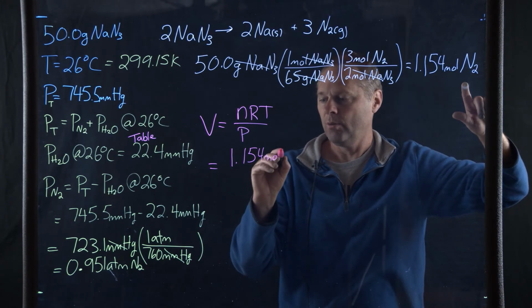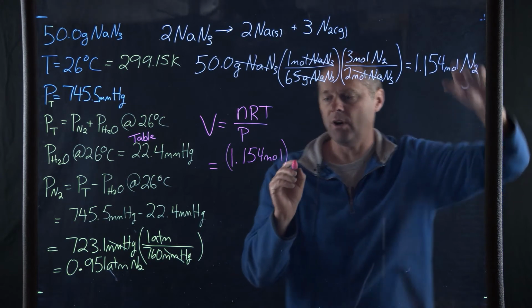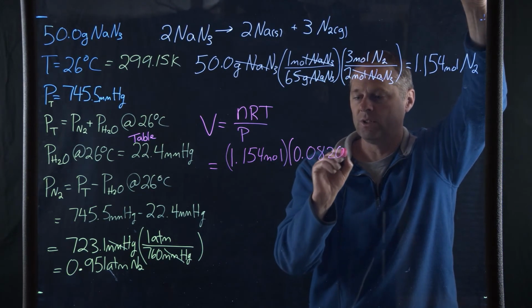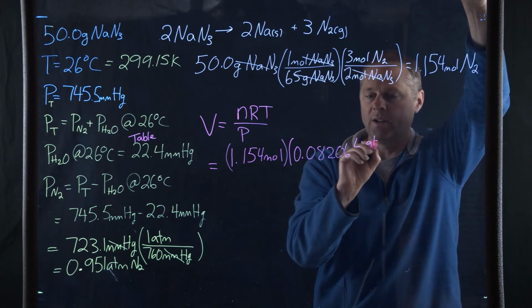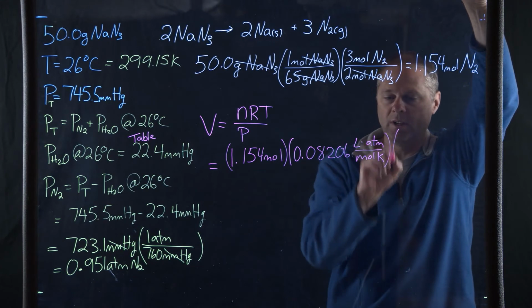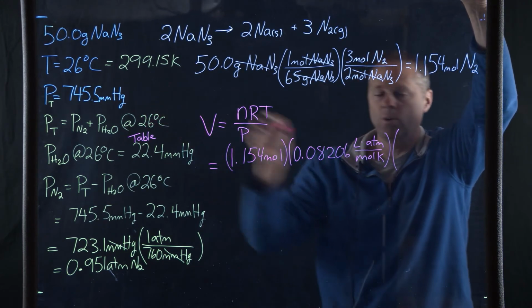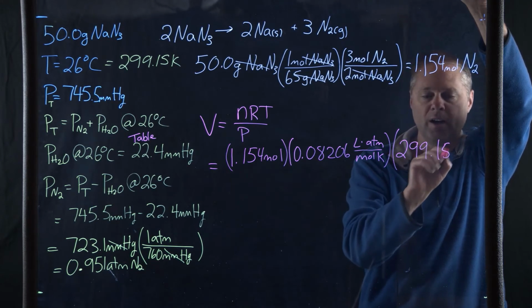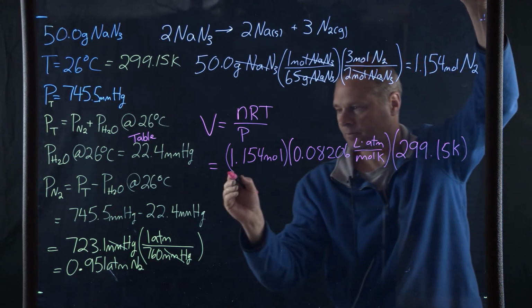So our number of moles of nitrogen is going to be 1.154 moles times R, which is 0.08206 liter atmosphere per mole Kelvin, times our temperature, which is 299.15 Kelvin.